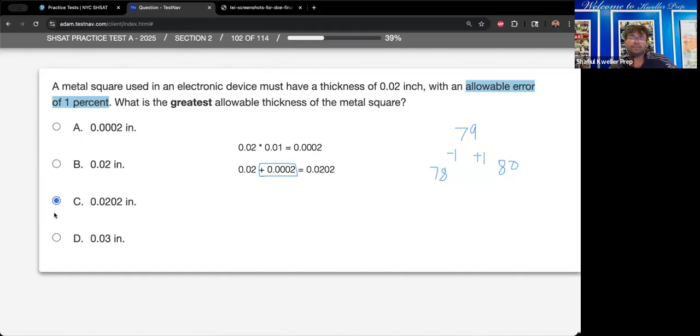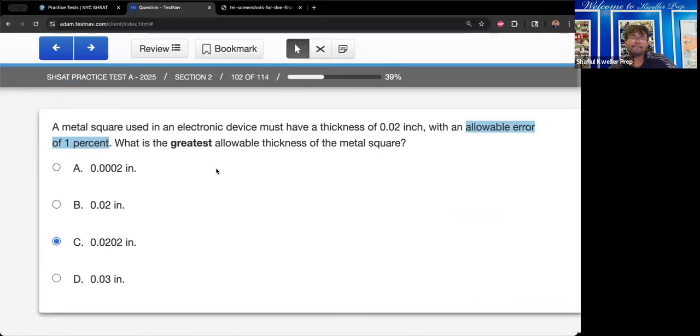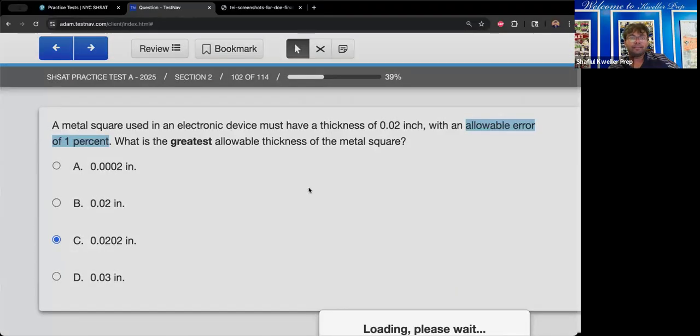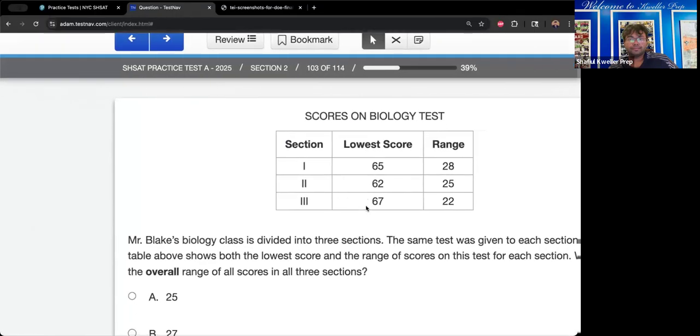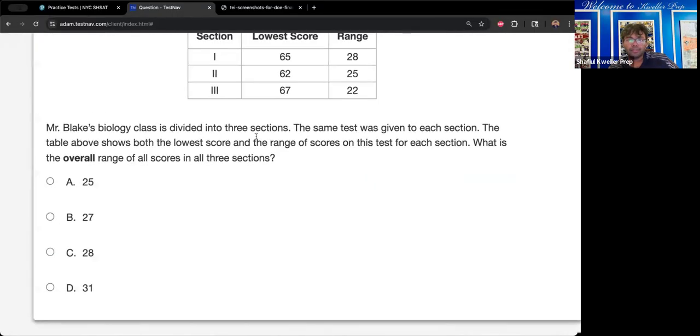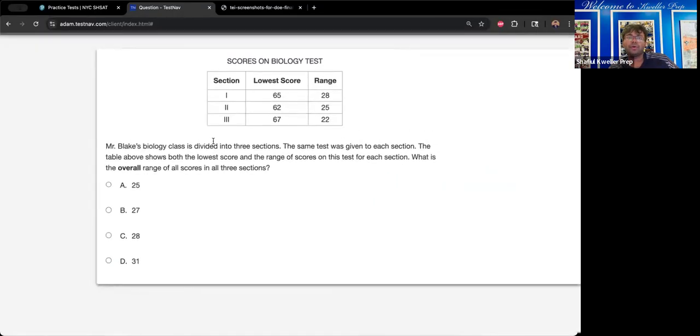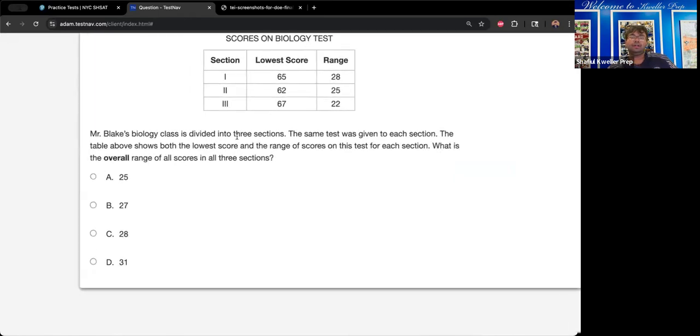Let's go to the next one. What's the overall range of all the scores in all three sections? So we want to find the maximum score. For section one, the lowest score is 65, the range is 28. So the highest score is going to be 93, 65 plus 28. 62 plus 25 is 87.